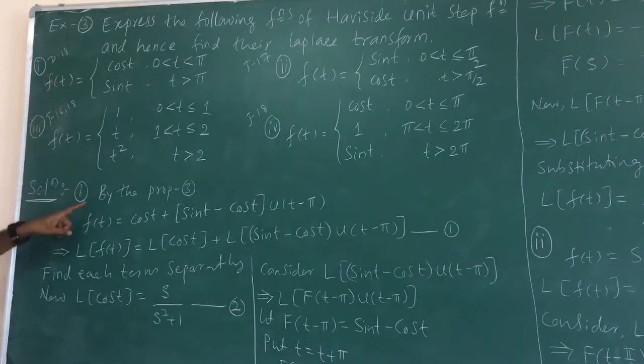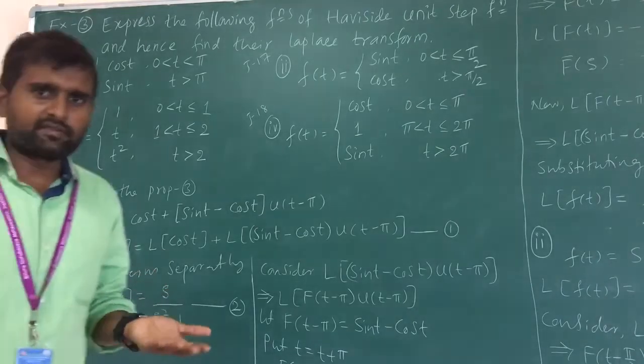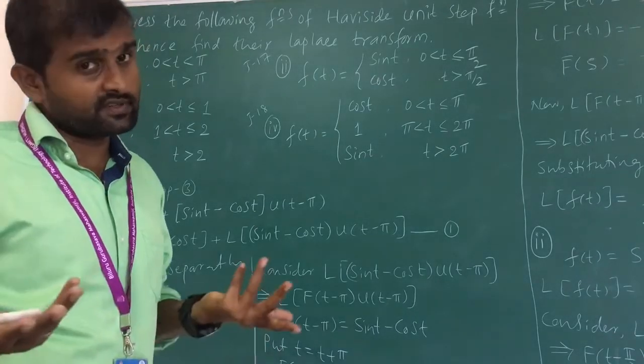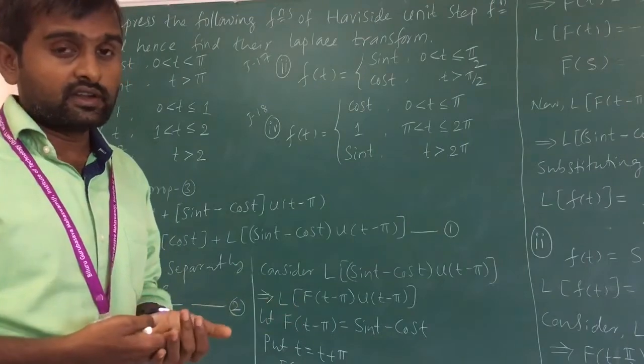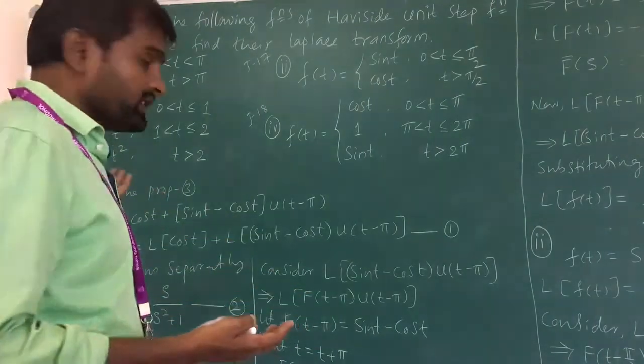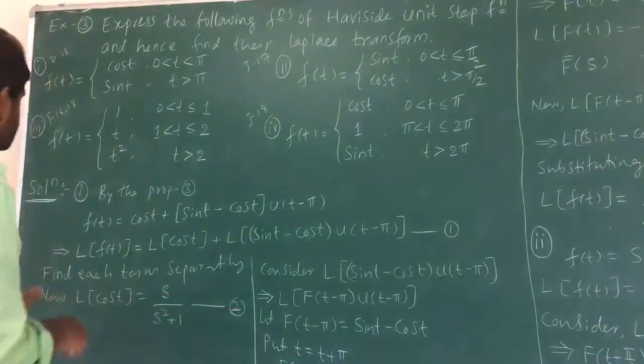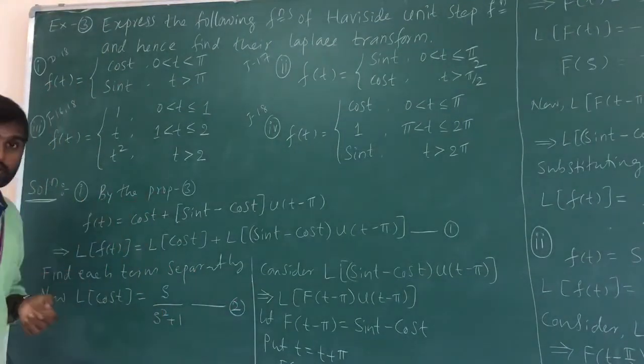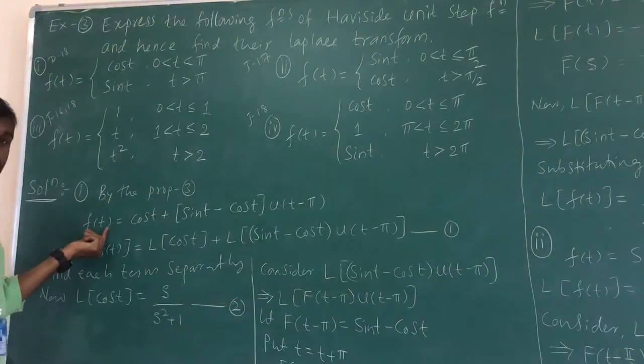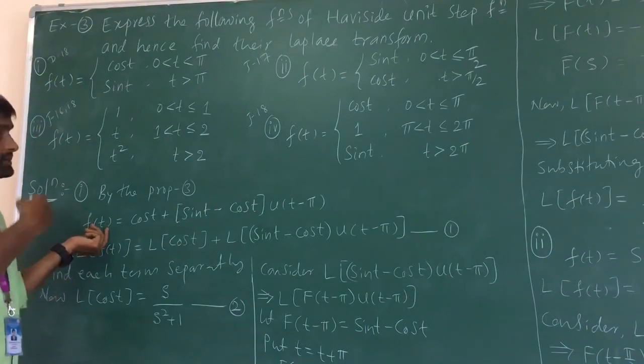Solution of the first example. By the definition of the unit step function, or by property 3, how do we write f of t using the property?